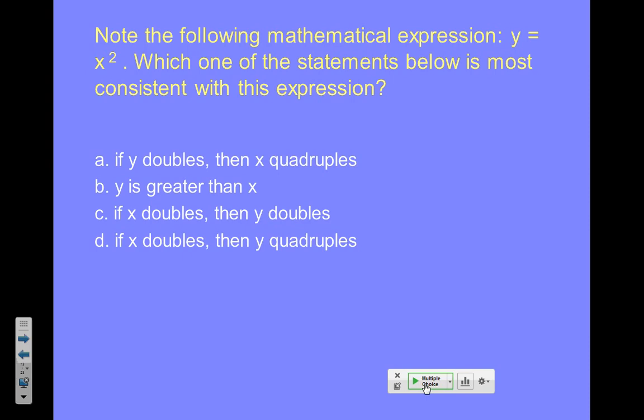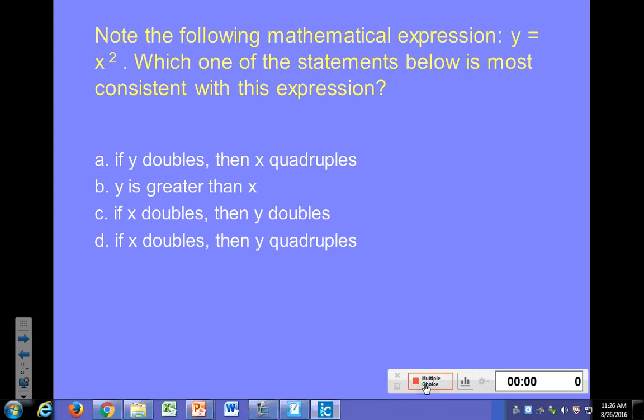Oh, I like these. So consider this expression, y equals x squared. Which one of these statements is most consistent with that expression? Which one of these is always true?